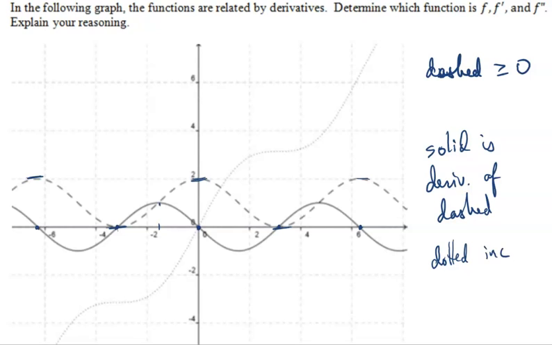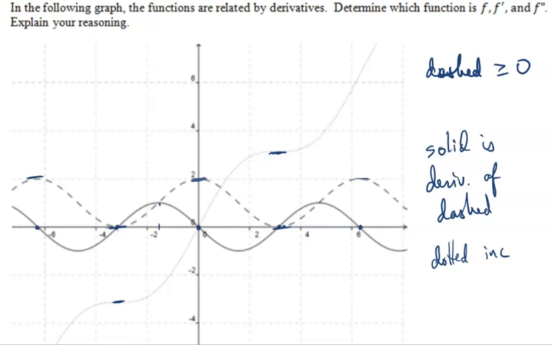It does have a couple places where it has a horizontal tangent, like right here and right here. And if I notice, the dashed has x-intercepts at those points, but it never actually goes negative. So the dashed is positive everywhere, or I should say greater than or equal to 0, because it could be equal to 0, which would make sense because the dotted appears to be increasing everywhere.